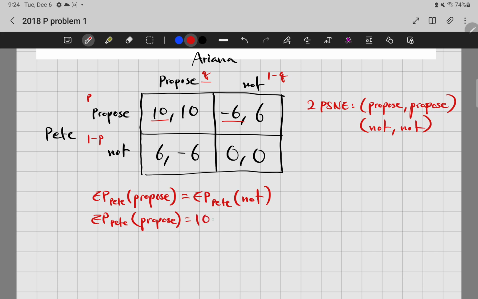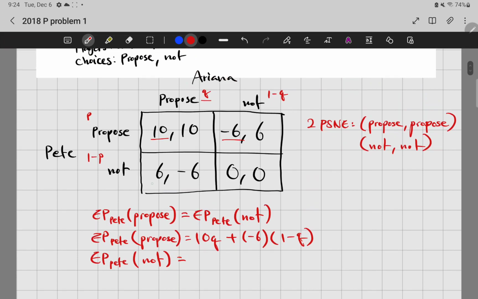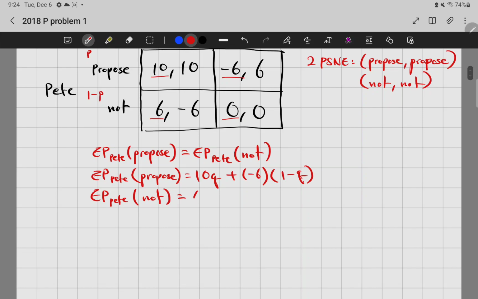So let's do that. 10Q plus negative 6 times 1 minus Q. For when he is not proposing, then it is Q times 6 and 1 minus Q times 0. So that is 6Q plus 0 times 1 minus Q, which is just 6Q. And for the above, it is negative 6 plus 16Q.